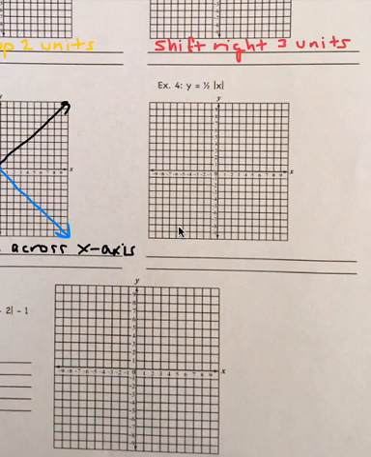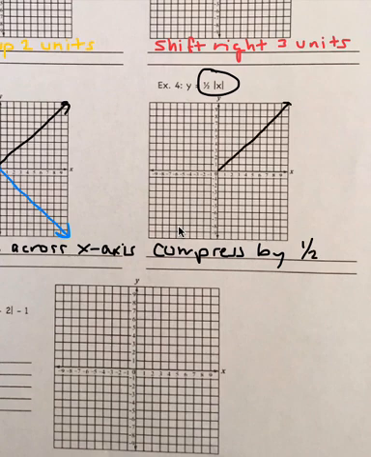This next one, you can see the 1/2 out front. That means it compresses. So you say compress by 1/2. So our normal one looks like this and like this.